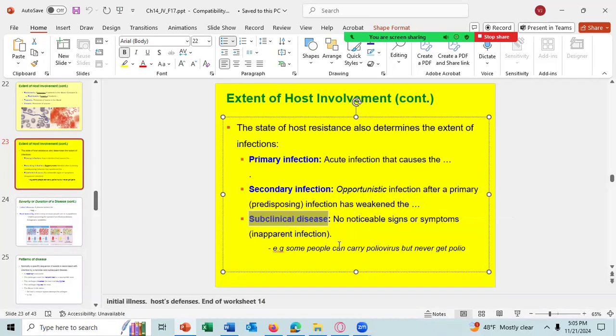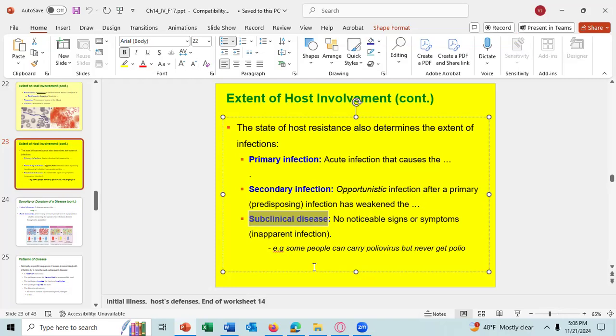Drawing a blank there. If you guys know it, go ahead and mention it. I don't remember what we called it. Boy, that's pretty bad.